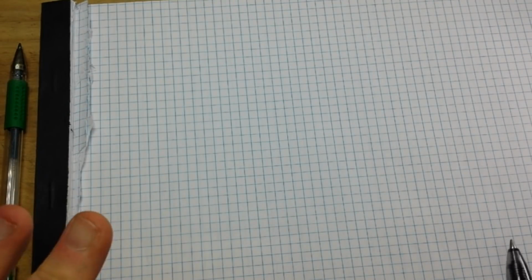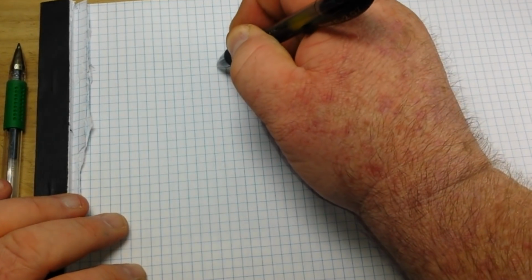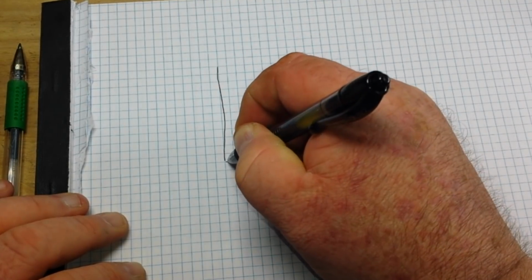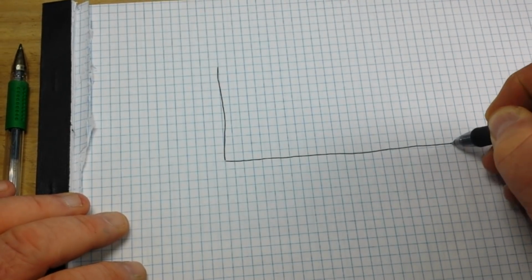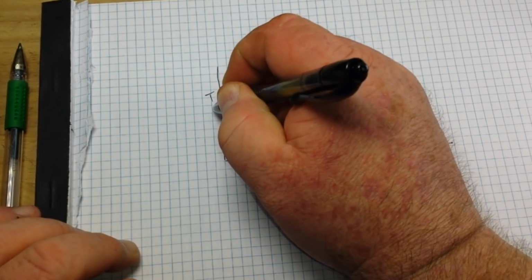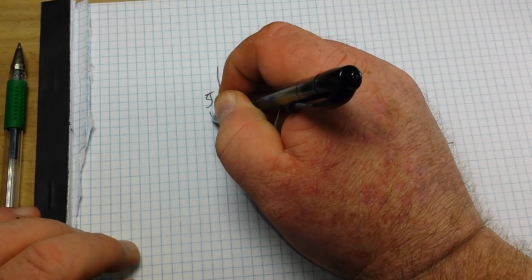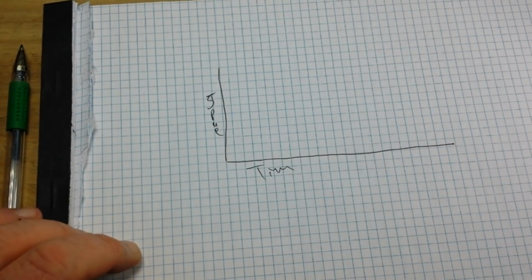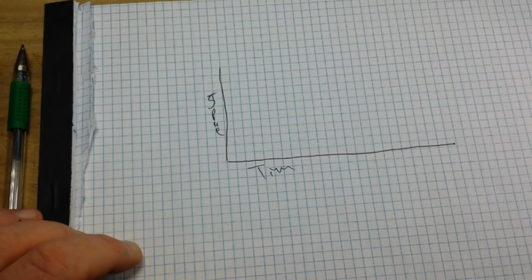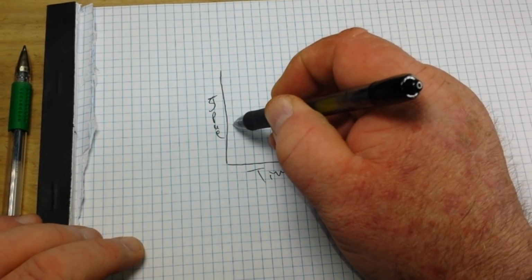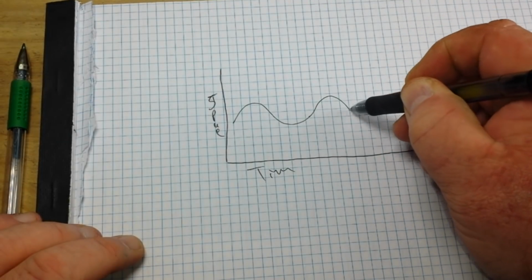Alright, using my scanning electron graph paper, we can show you the ether. That's it. So we have space and time. And what we're going to do is create our carrier, which is simply going to be a wave.